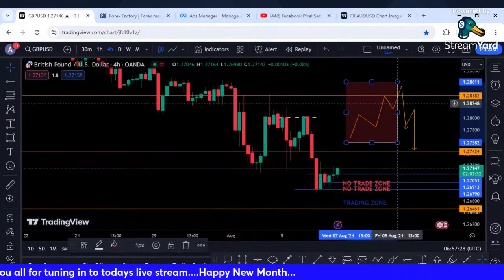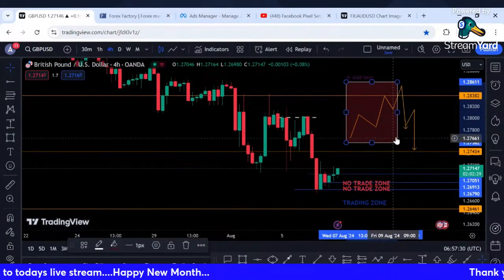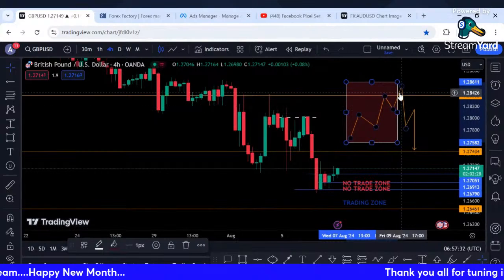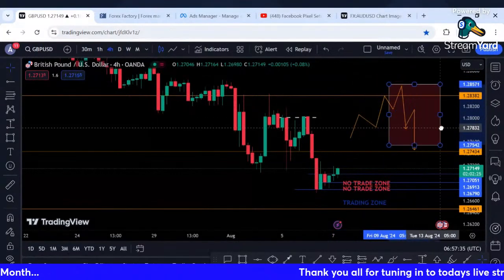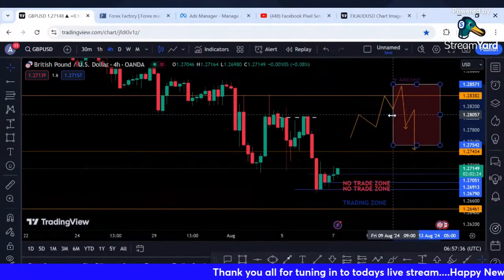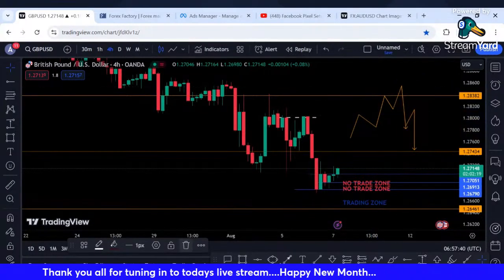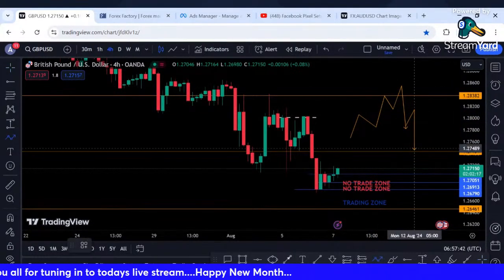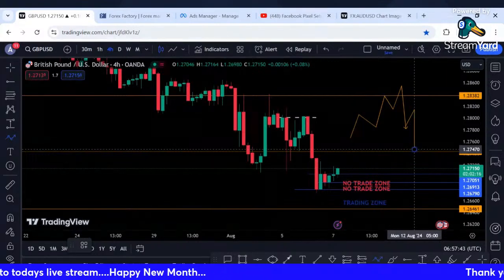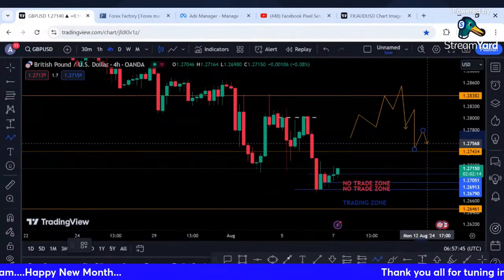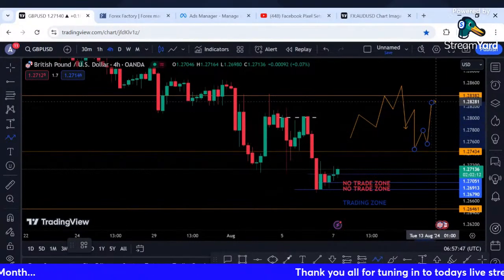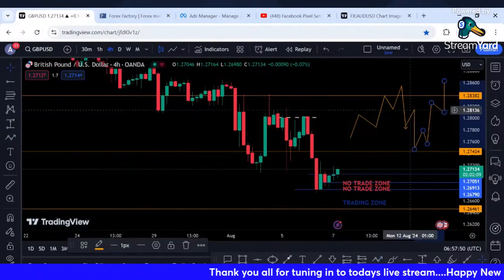When this one breaks, this point is now irrelevant. So now the past data becomes this one. This is what I base on to draw my support and resistances. So you come here again: higher high, higher low, higher high, higher low, higher.